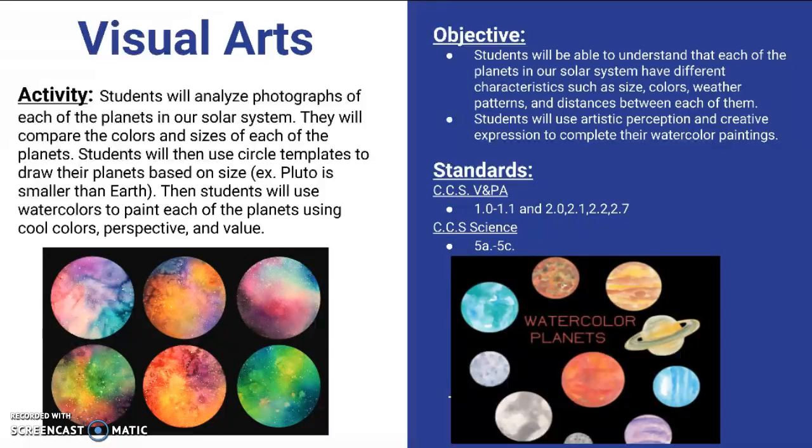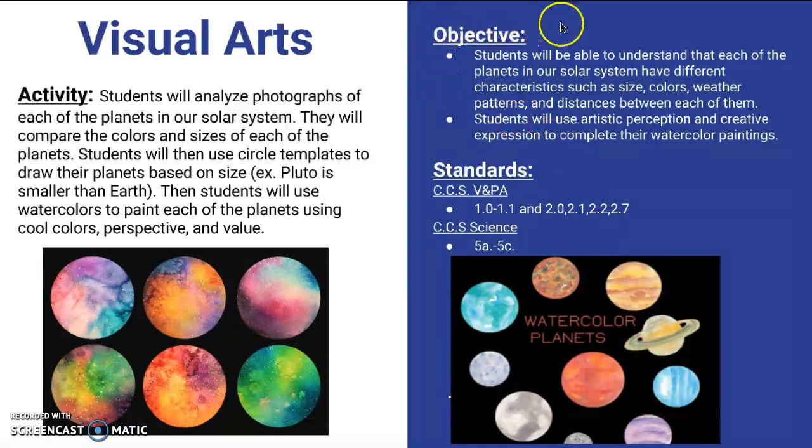The students will use circle templates to draw their planets, and lastly they will use watercolor paintings to paint their planets based on cool colors, perspective, and the value. These are some examples that they'll be using. They'll use the watercolors to paint the characteristics and the size as well.